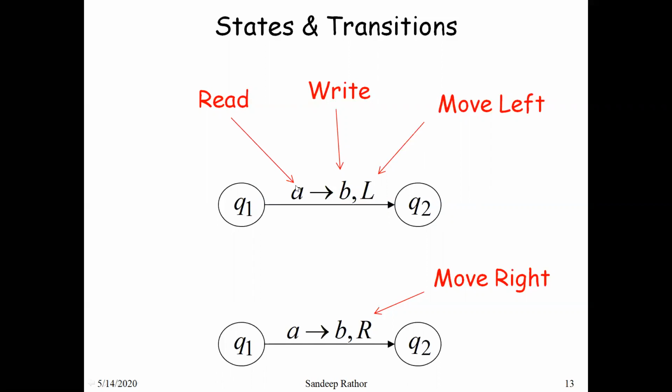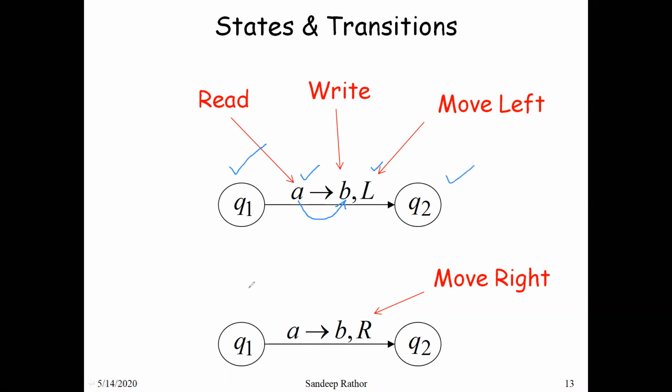So how can we represent this? You are in Q1, this A is read by the head and A is converted into B, and the direction of the head is left, meaning the head will move to the left direction, and the final state will be Q2.